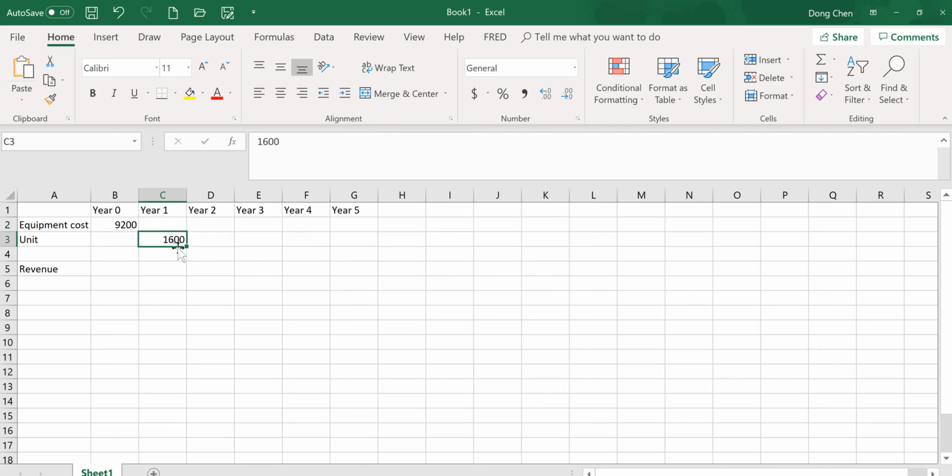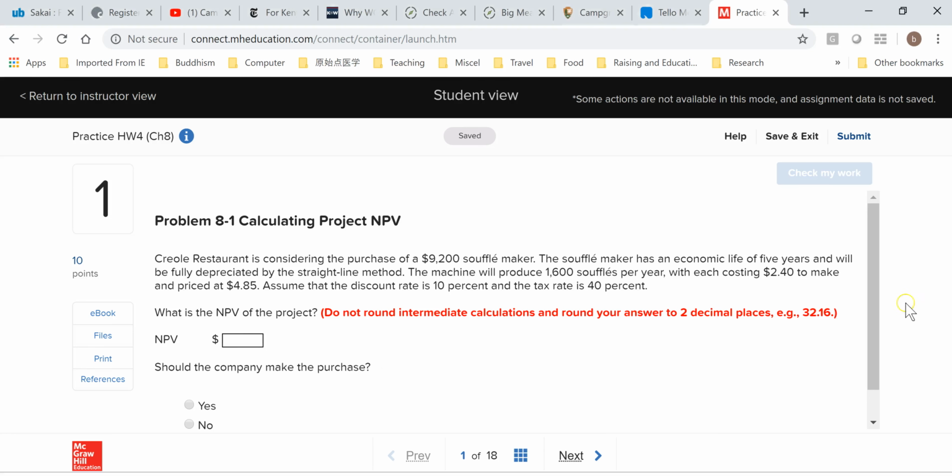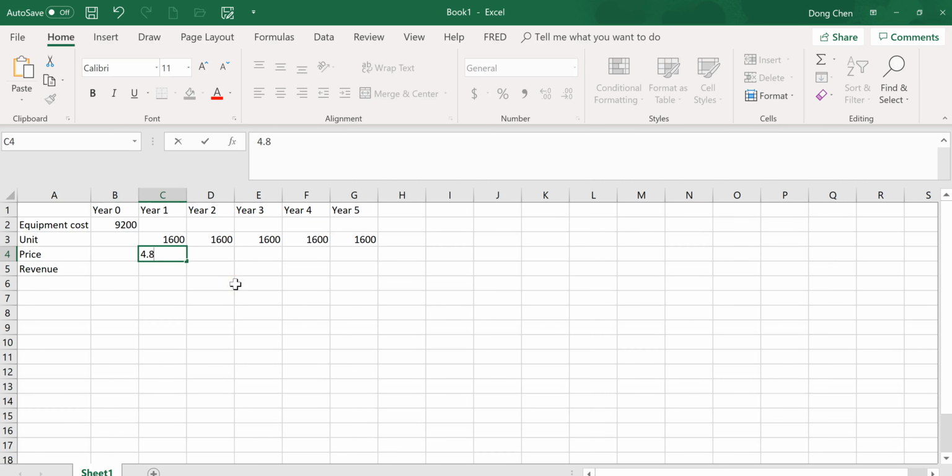I can just pull this all the way to the right. Price is also the same, $4.85. Again, I can pull this all the way to the right.